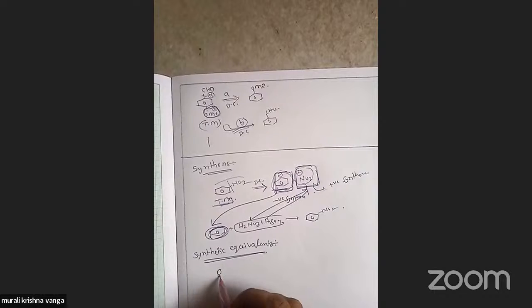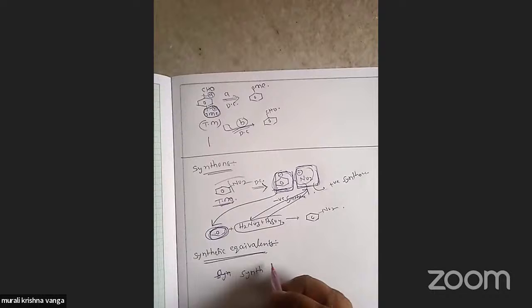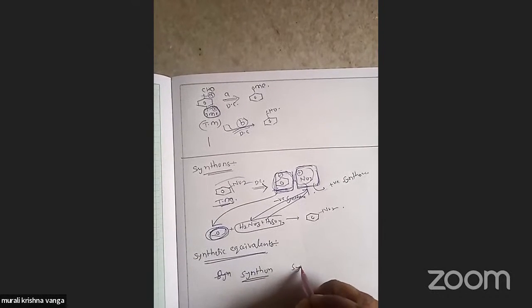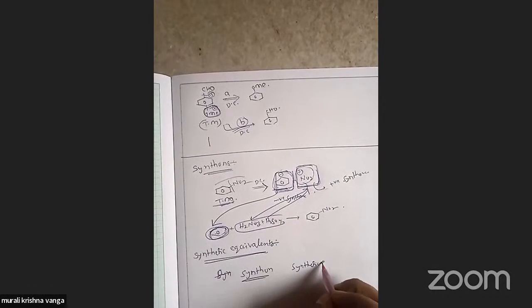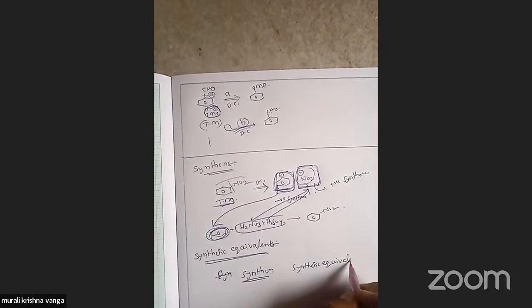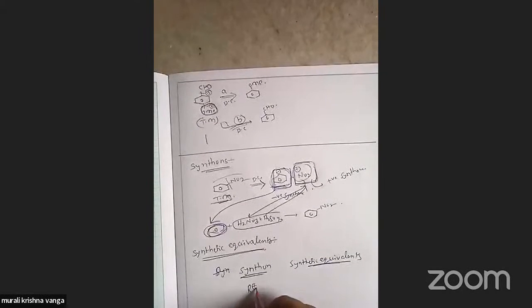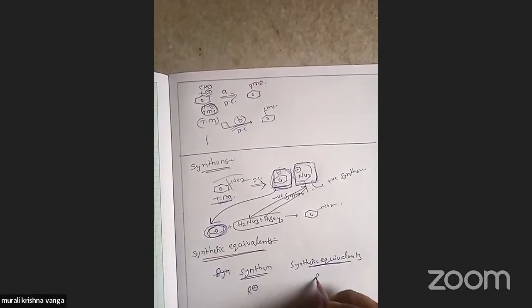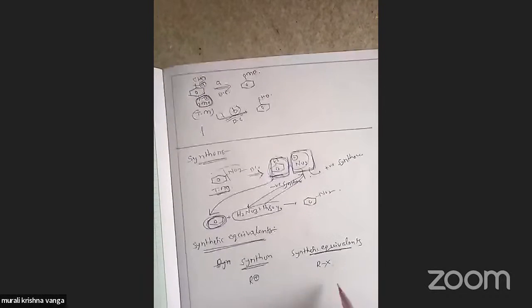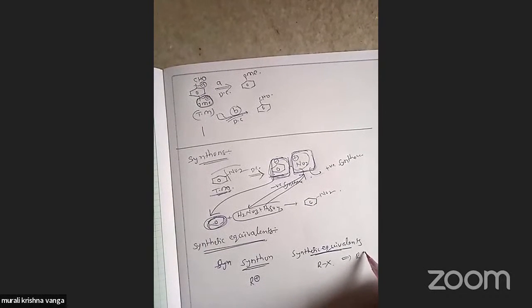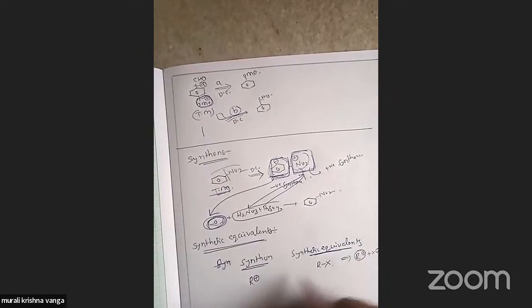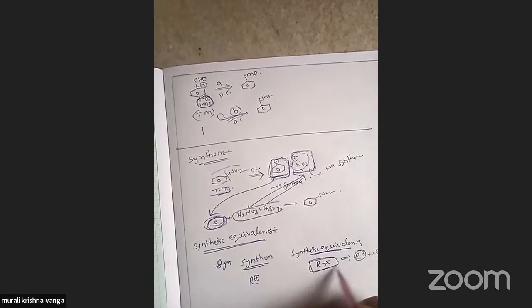Now I will give some examples of synthons and synthetic equivalents. If the synthon is R plus, the synthetic equivalent is RX. If it undergoes disconnection like this, it gives R plus and X minus, so RX is a source of R plus.